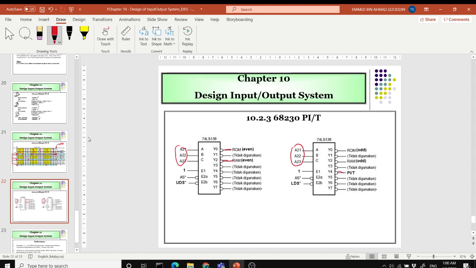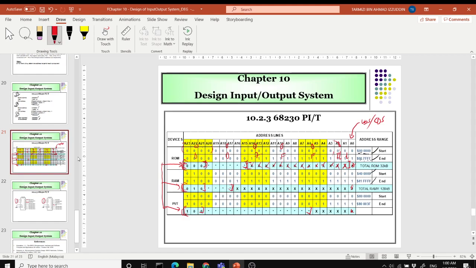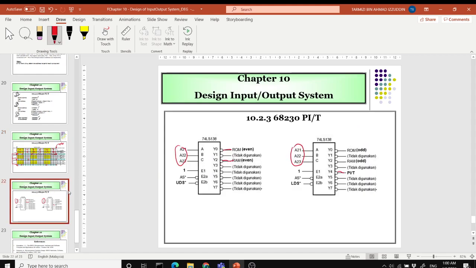Some of you might be wondering why there are two 74LS138 that we are using. Remember, everything that is a memory device consists of even and odd address. So we are using this to select the ROM for even, and this is the ROM for odd.